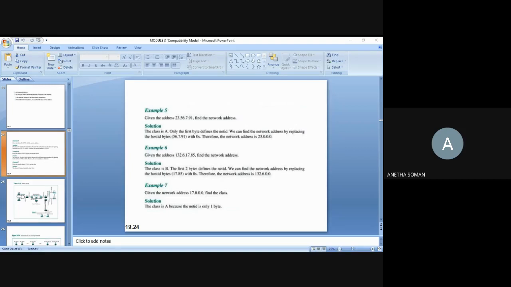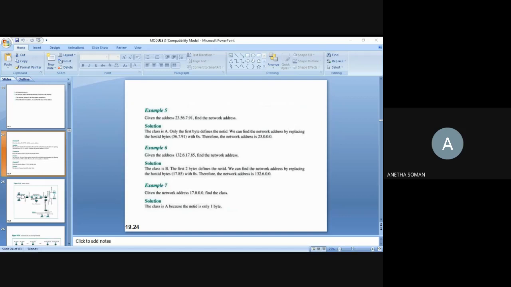Now the main reason for the classful addressing to become obsolete is address depletion. Address depletion means deficiency, address deficiency. So that is what I told. When you are considering class C addresses, only 256 addresses can be provided to an organization, and that was not sufficient to satisfy the needs of a particular organization.